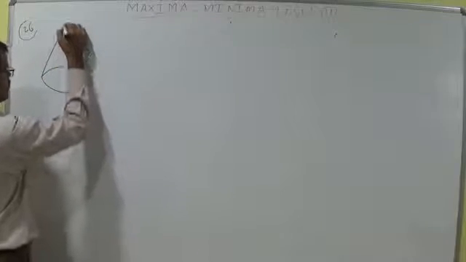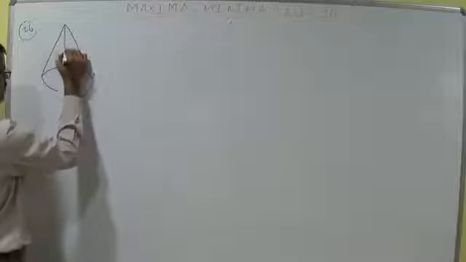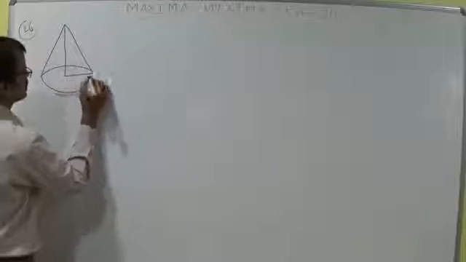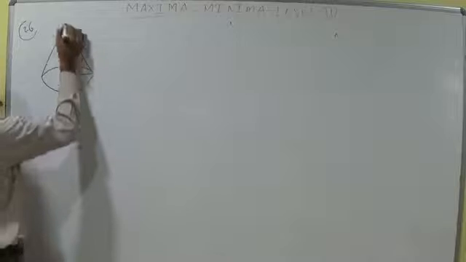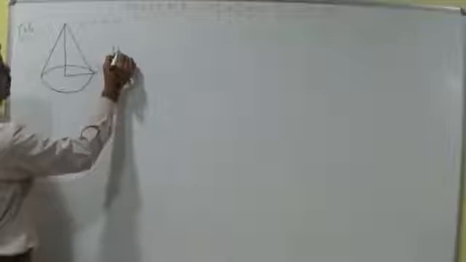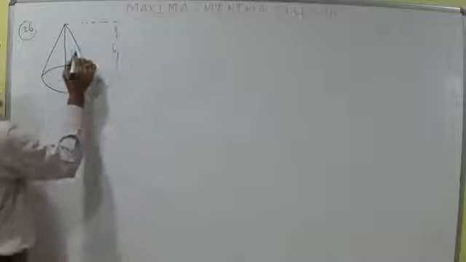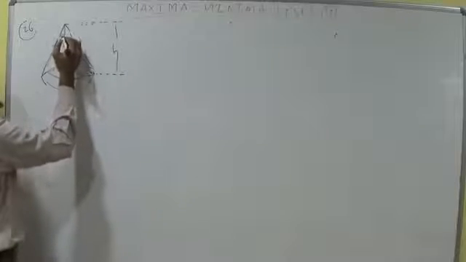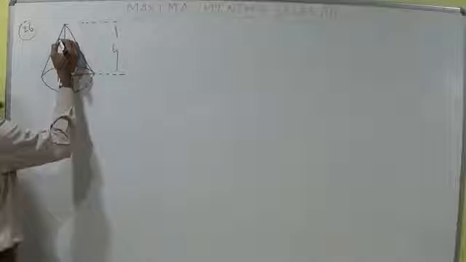This is a cone. This is the radius of the cone. He has given the total height of the cone is h. This is the base radius of the cylinder, maybe it is r. This is the total height.